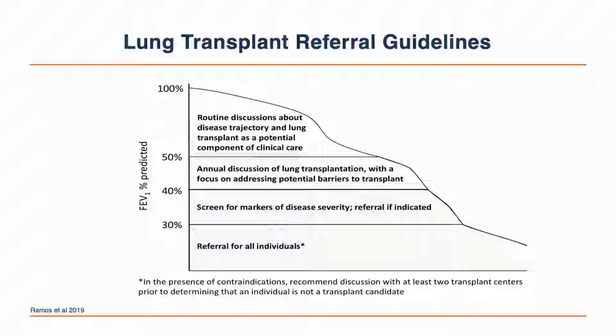As a result of the challenges we have with advanced CF lung disease, we've been concerned for a long time that a number of individuals have not been referred for transplant or have not had that opportunity presented to them. So we convened a consensus group of experts in the US and international sites to make referral guidelines.